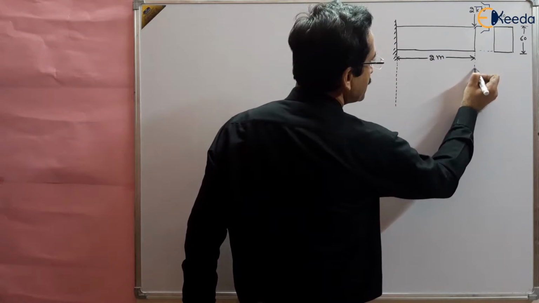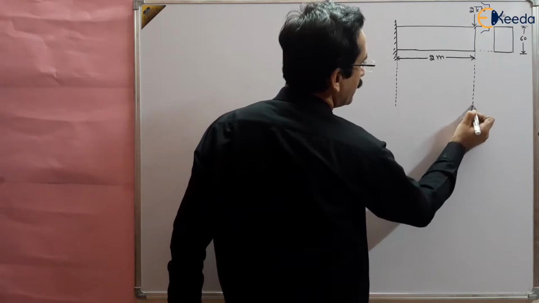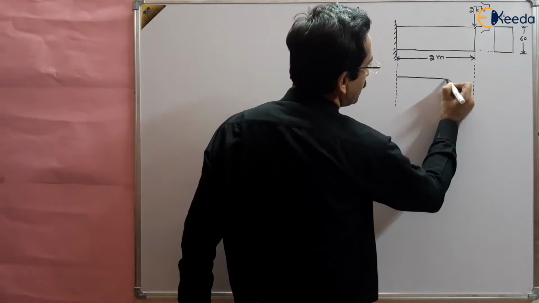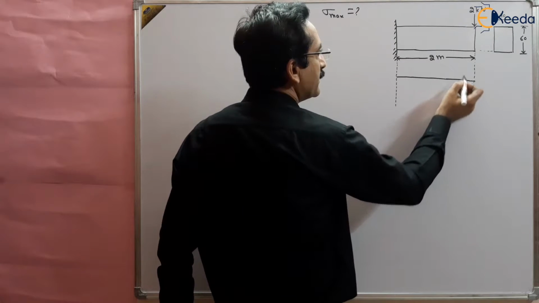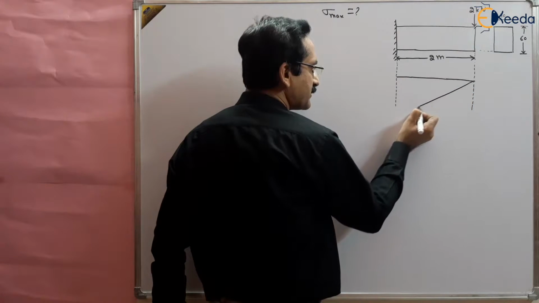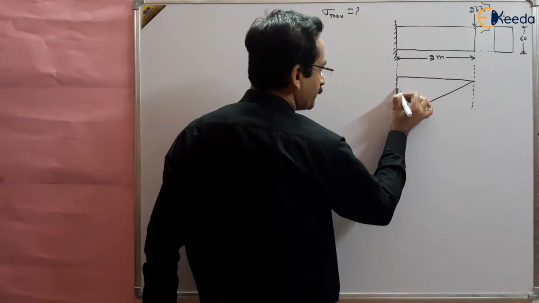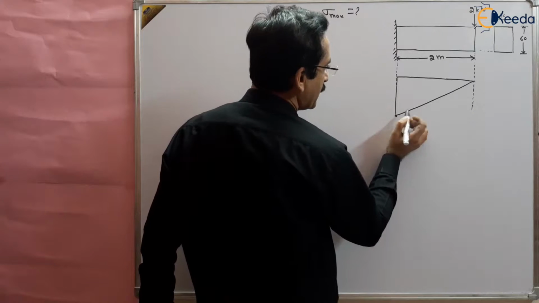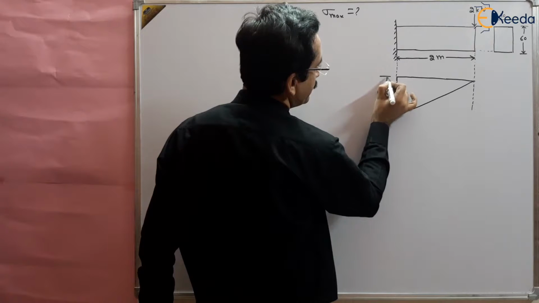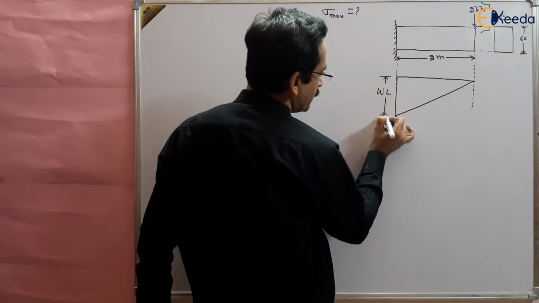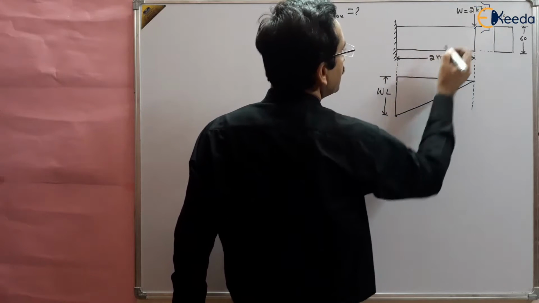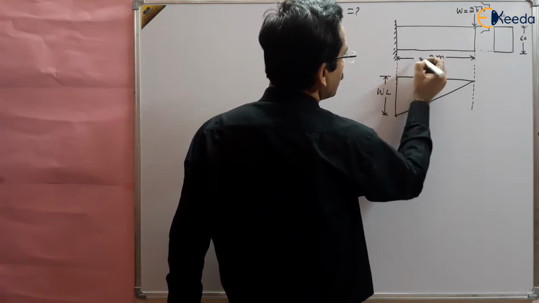Go to your shear force bending moment diagram and find out the bending moment diagram for a beam at which a point load is acting. You can take a section and find out. You will find that this is the bending moment diagram of this beam and you will get the maximum bending moment at this point, and that is WL, where W is the load which is placed here and L is the length of this beam.